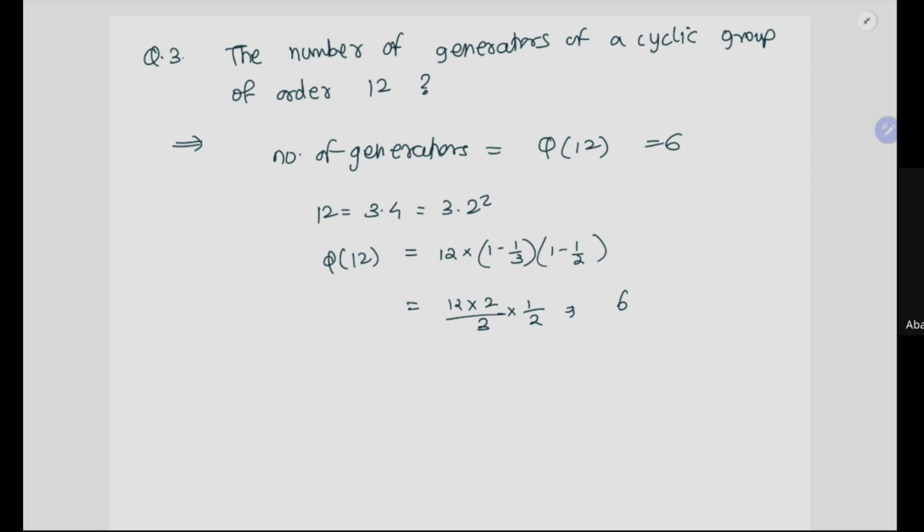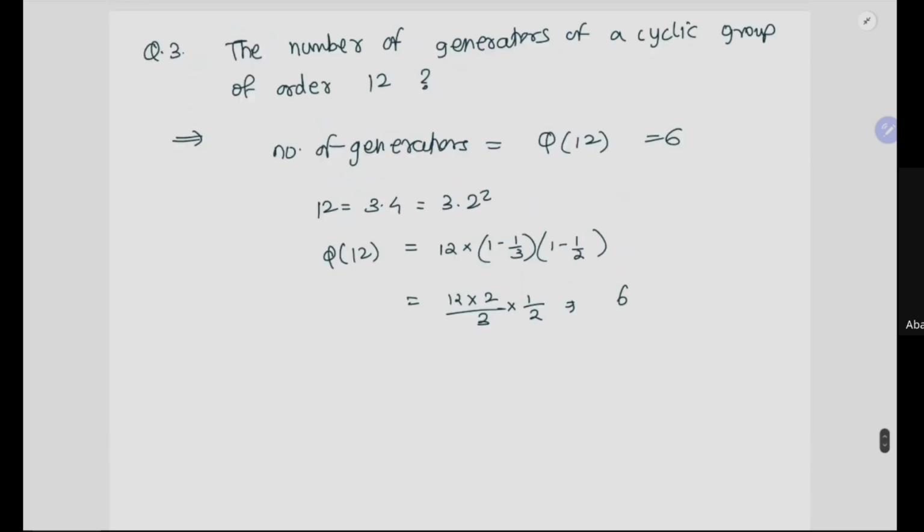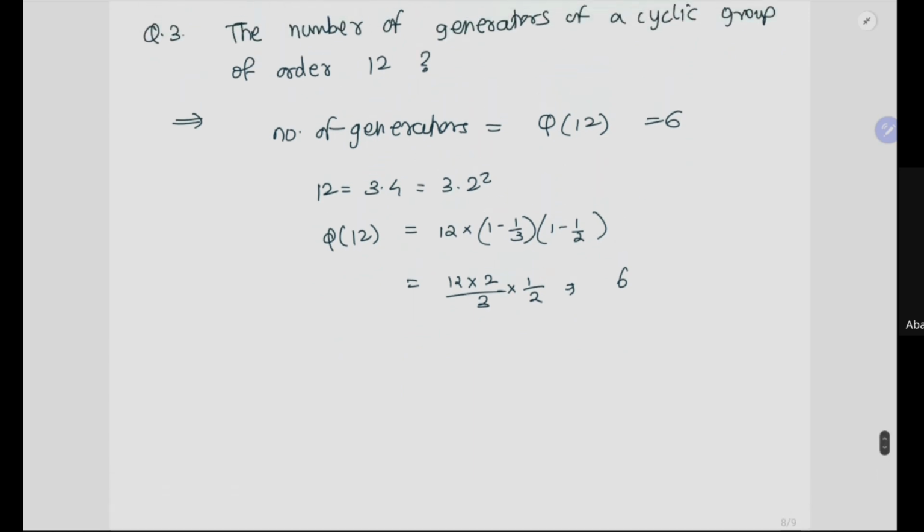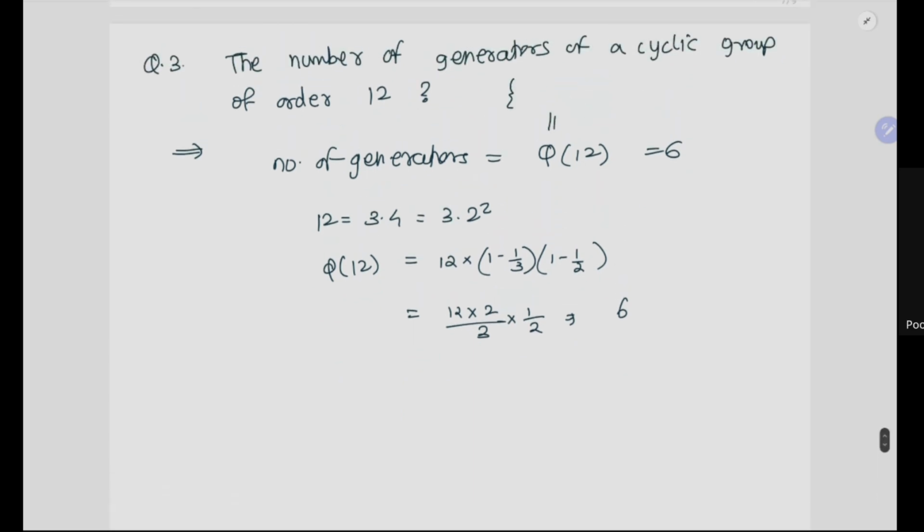Okay, so this is the formula you can take. For example, this was 12. Even if you don't know exactly what the function is, the answer is 4, right? Yes, exactly, that's what I was thinking, it should be 4.